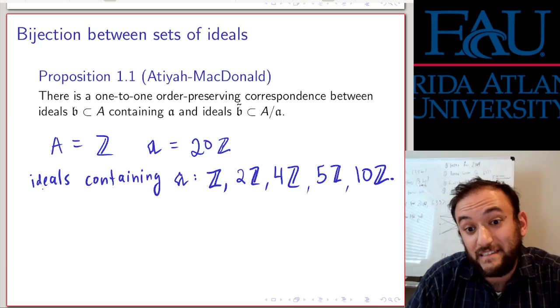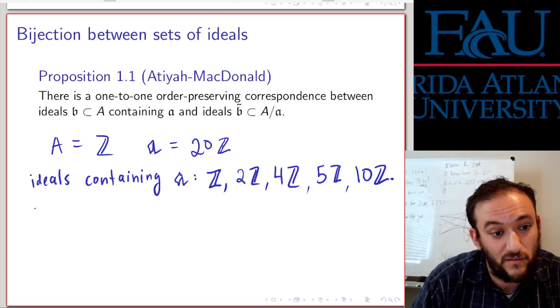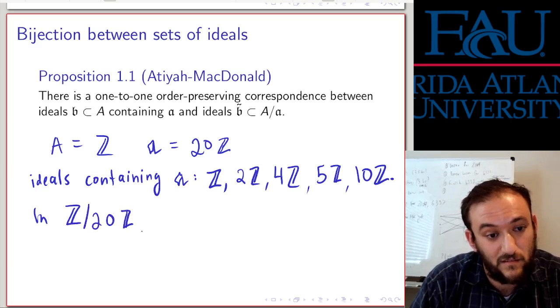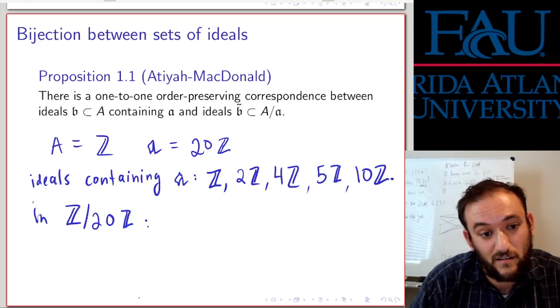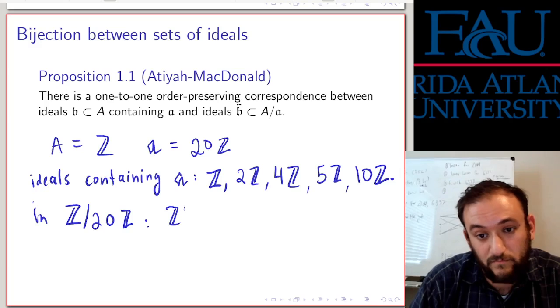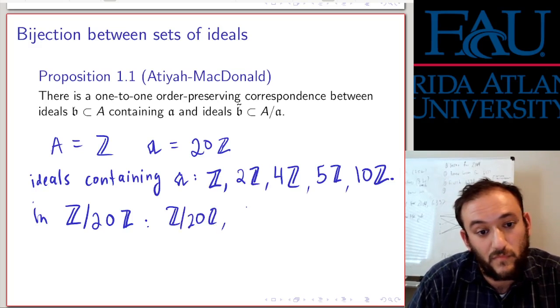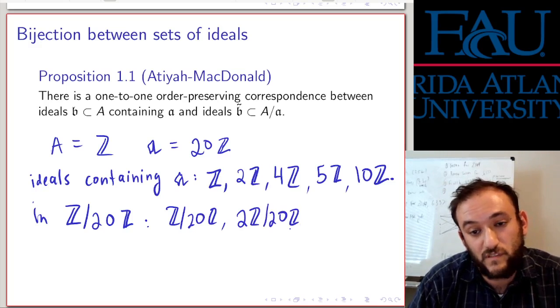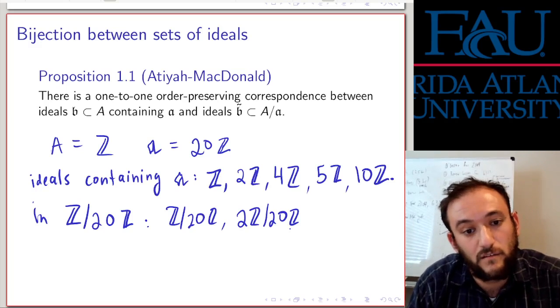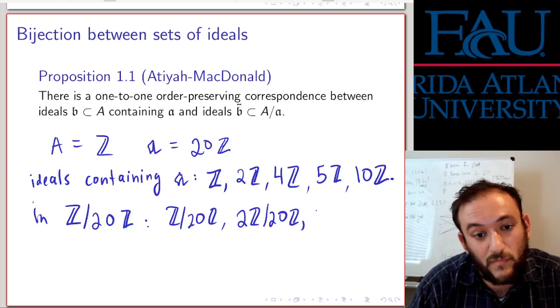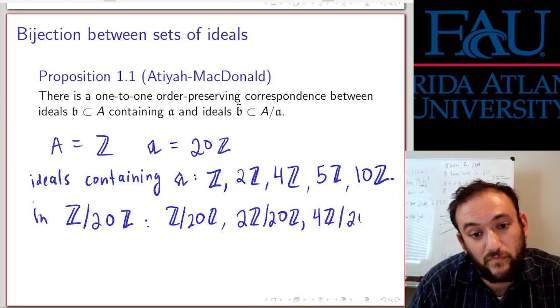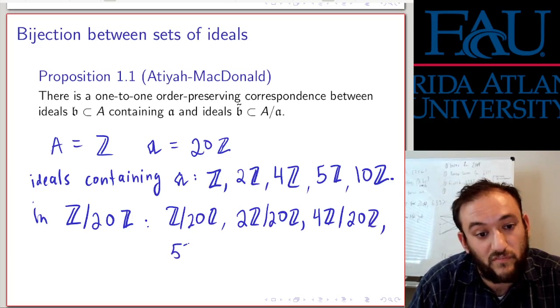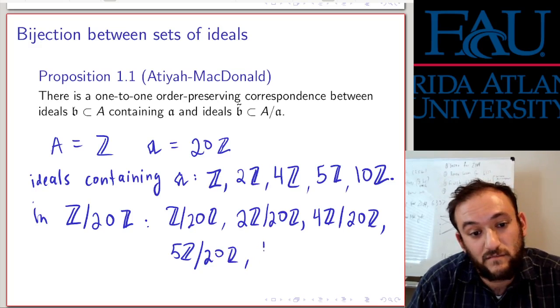Okay. As for ideals in the quotient ring, so in Z mod 20Z, the ideals are the whole ring, just the even numbers in the ring, so 0, 2, 4, up to 18, 4Z mod 20Z, 5Z mod 20Z, and 10Z mod 20Z.